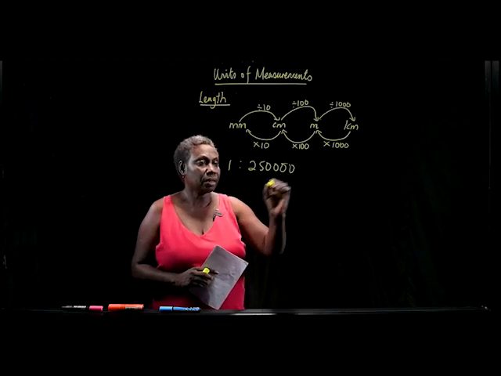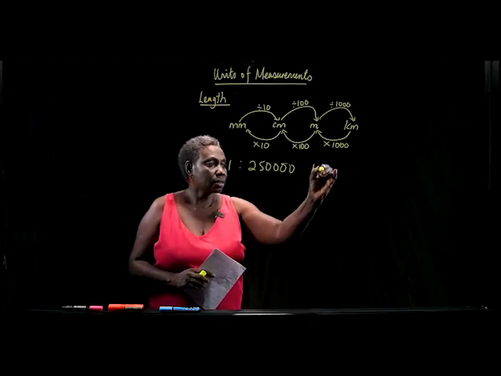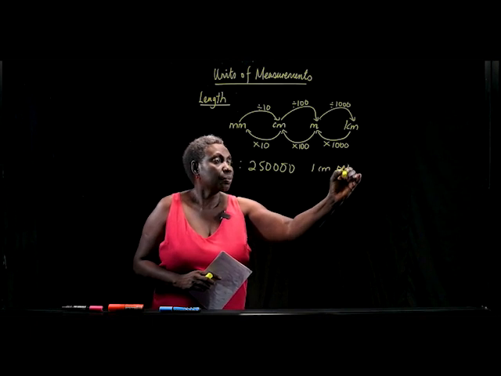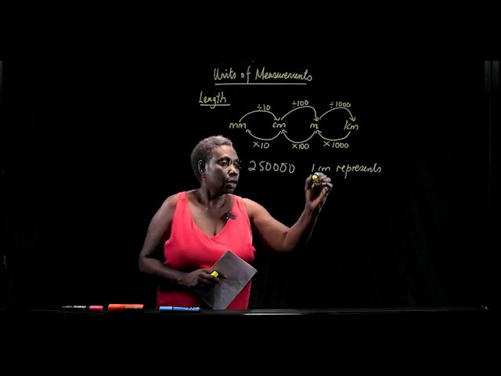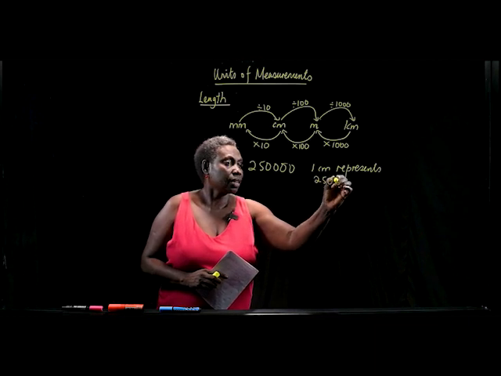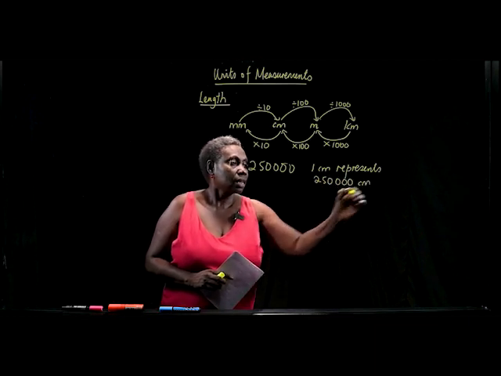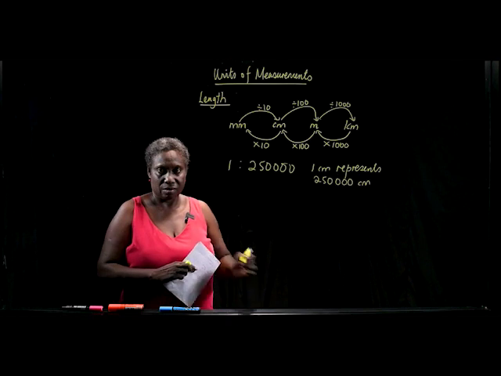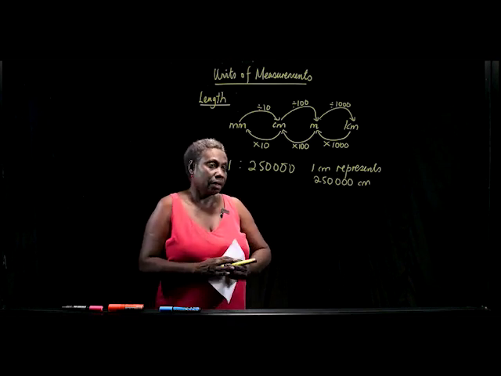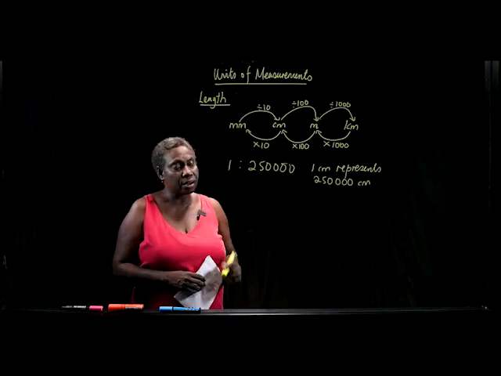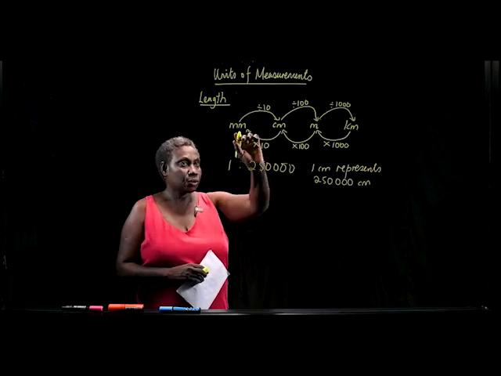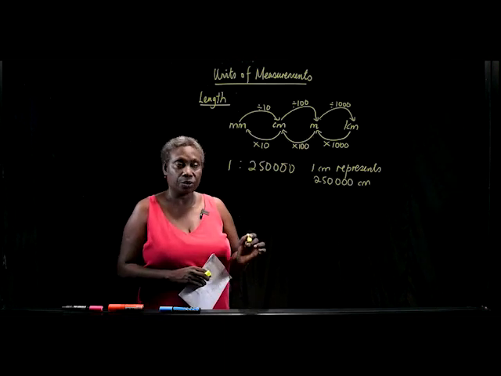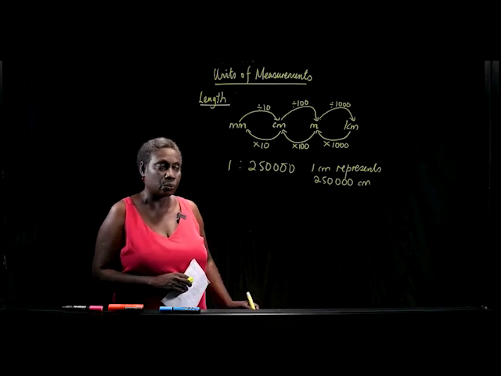This simply means that 1 centimeter represents 250,000 centimeters on the ground. And if we want to convert 250,000 centimeters to kilometers, we can use this flow chart that I have used to convert from one unit to another.